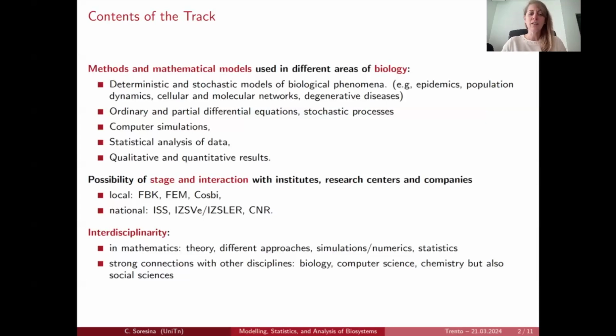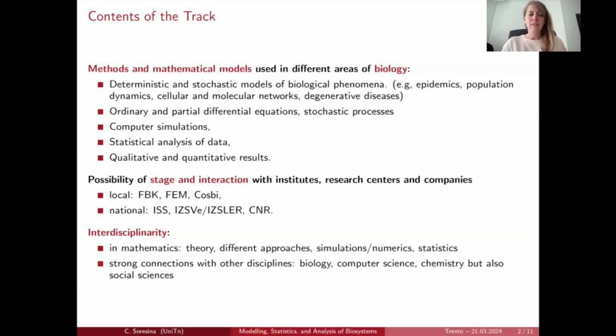At national level, I would like to mention the Istituto Superiore di Sanità or Istituto Zooprofilattico Sperimentale and also the National Research Council.